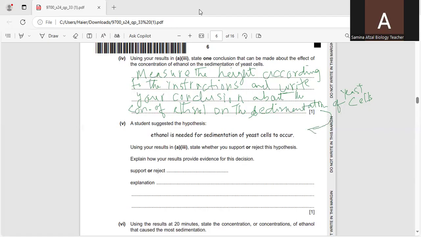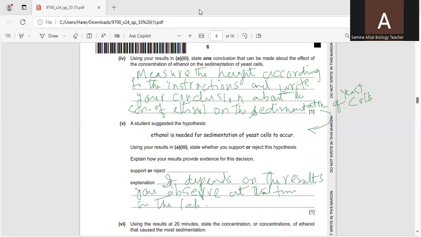Whether you are rejecting or accepting, it depends on the results you observe at the time in the lab. So you will reject or you will support, it depends on your results.